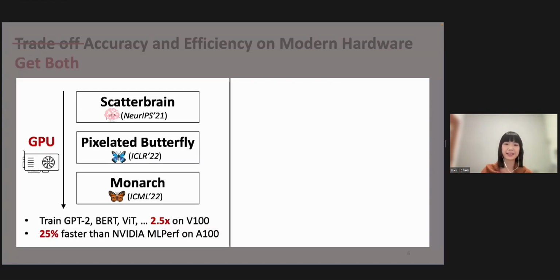So first, I will present a line of work designing GPU-friendly sparsity, from Scatterbrain to Pixelated Butterfly, and finally to Monarch. And at the end, you're going to see a simple and accurate sparsity which can train GPT, BERT, and vision transformer models 2.5 times faster in wall-clock time on V100 and 25% faster than the most optimized NVIDIA MLPerf implementation on A100.